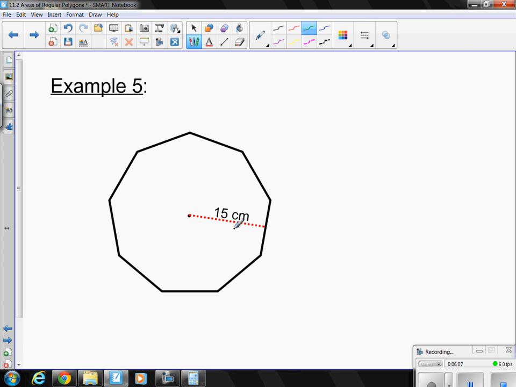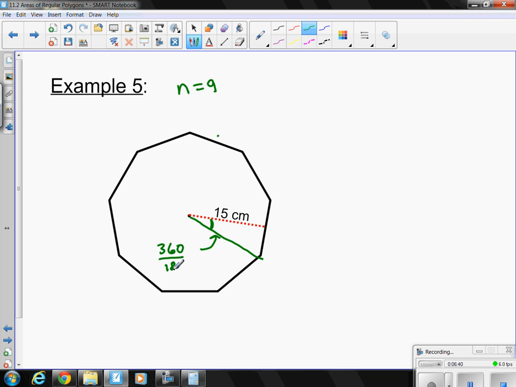Okay, this one's a little bit nicer because I already know my apothem. Count my number of sides: 1, 2, 3, 4, 5, 6, 7, 8, 9. So n equals 9. So to find this angle, I'm going to take the total degrees around, 360, divide it by 9 times 2, because there's 9 sides and I have to double it.